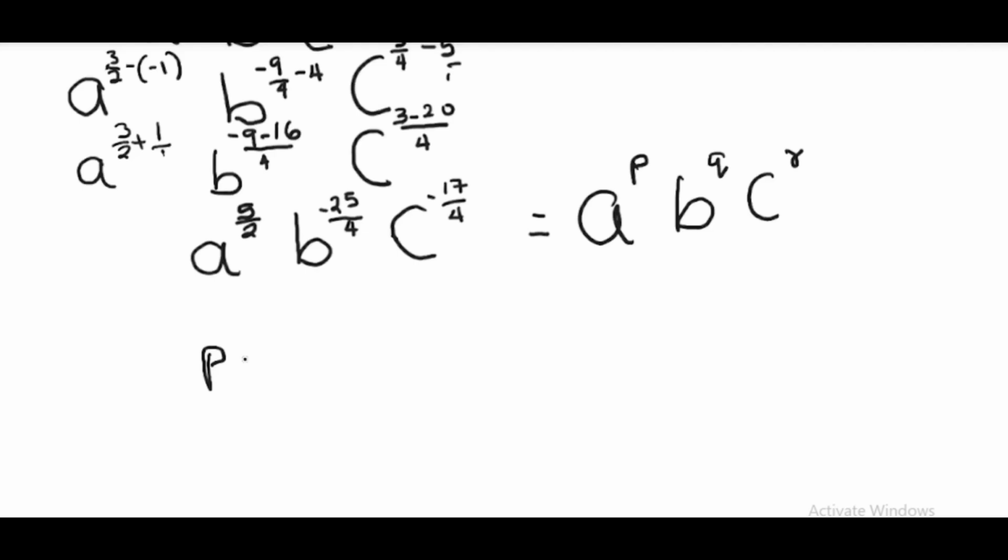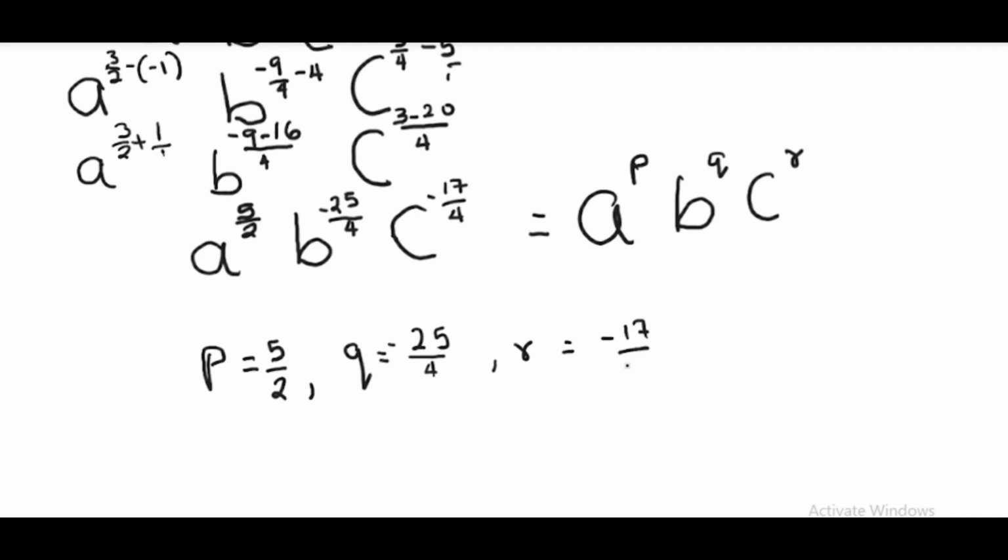Do you get that? Q is the same as minus 25 over 4. And then R is the same as minus 17 over 4. And then the question says find P plus 2Q. So having known what these letters stand for, it is very easy for us to substitute.